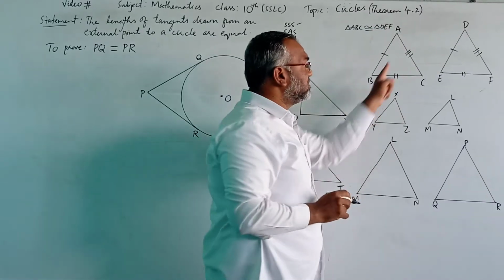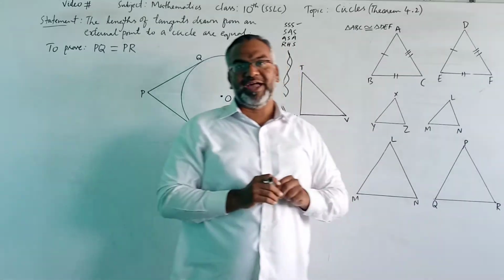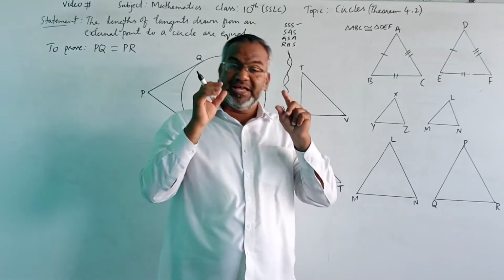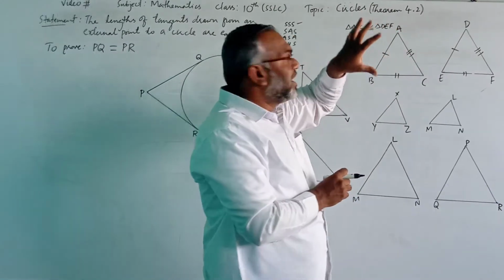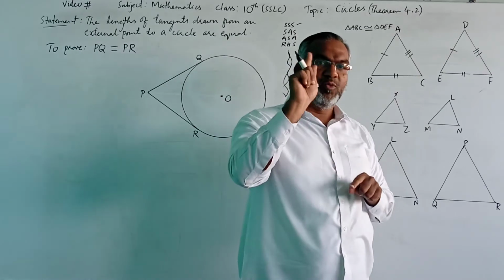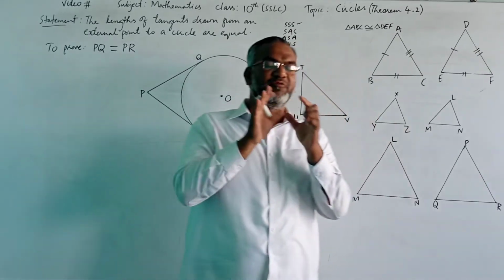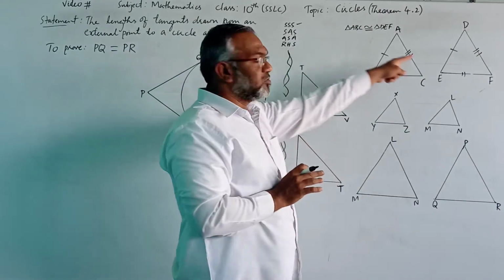It means these two triangles are exactly the same in length of sides, their corresponding angles are equal and their shape is the same, everything is the same. If you take one triangle and put it on the other, the two will look like one. One triangle will exactly fit behind the other. Right? Okay.